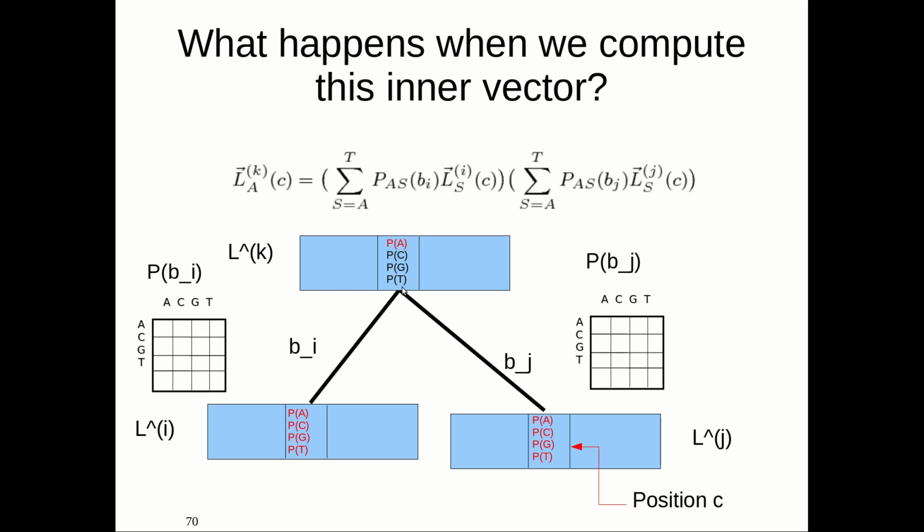If we consider that we want to compute a conditional likelihood vector at an inner node that is connected to two child vectors via branches bi and bj, whose values have already been computed, what we need is a transition probability matrix given the respective branch lengths bi and bj.